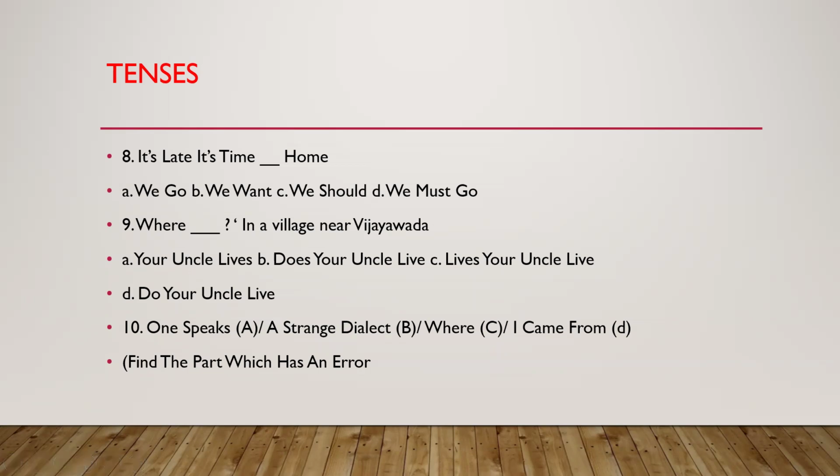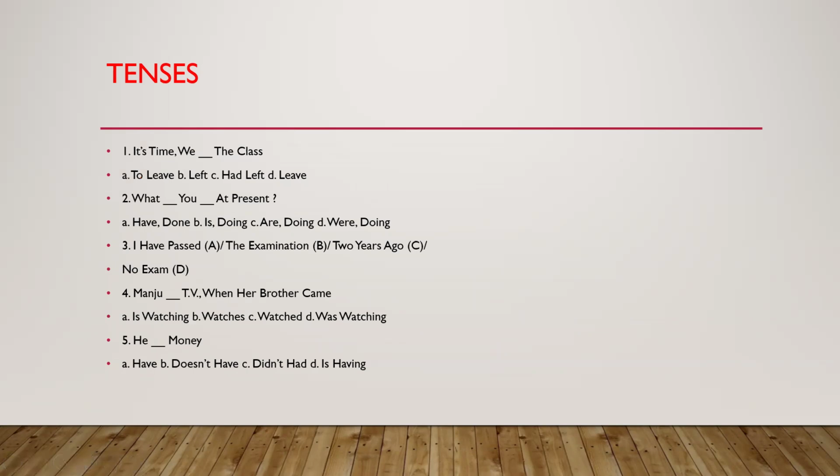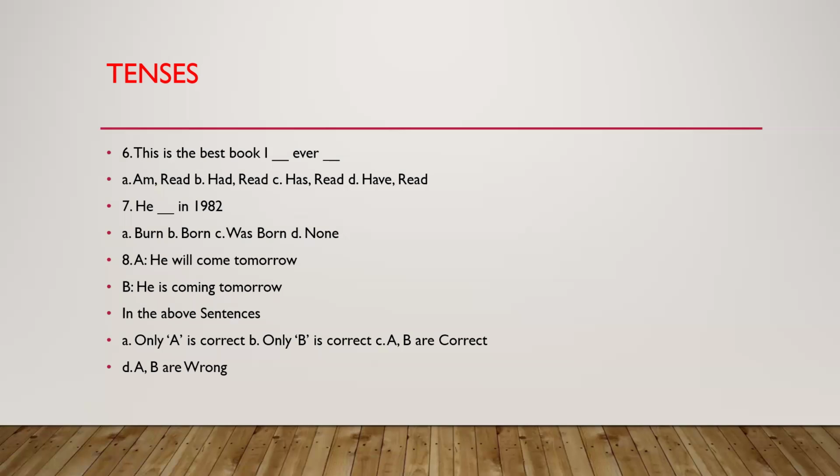Find the part which has an error. These are the example problems in tenses you can do. And if there is any doubt, please comment. I will answer these comments. These are the miscellaneous. Stop the video and you can do your answers and comment.